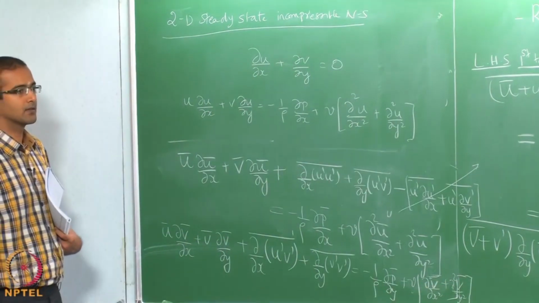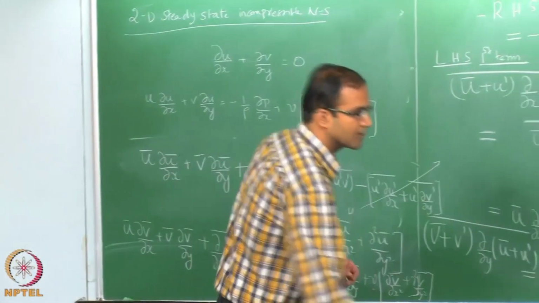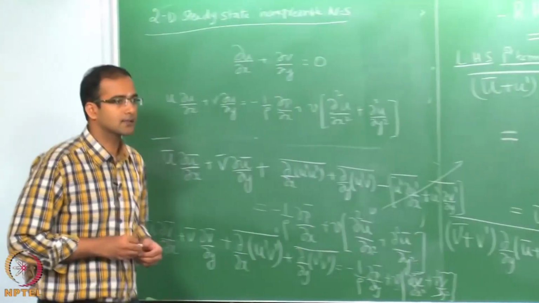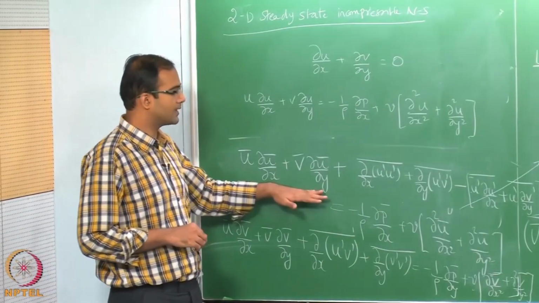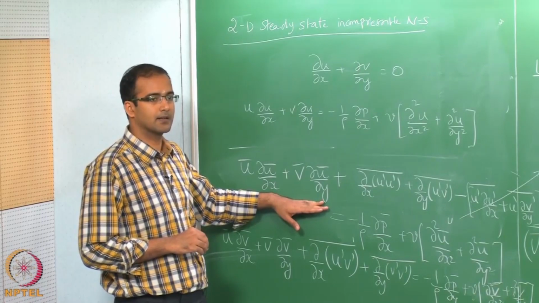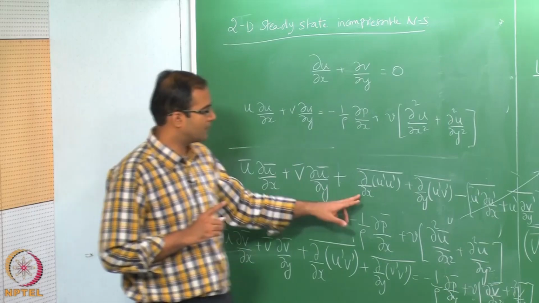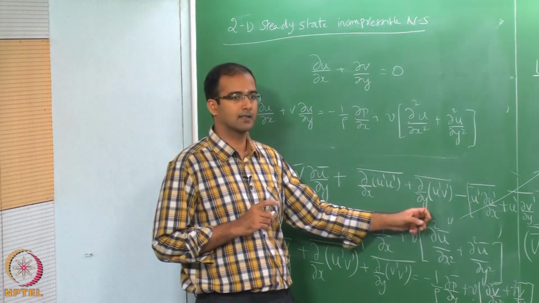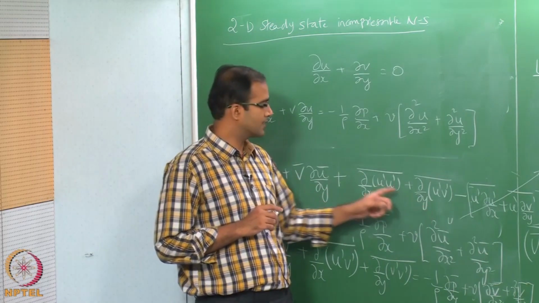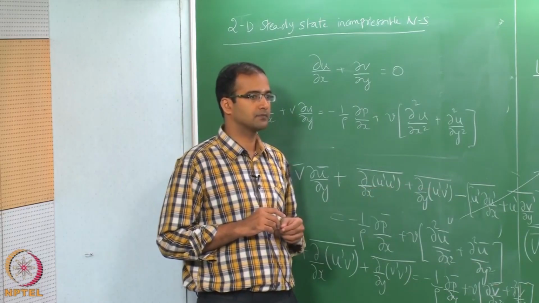Okay, so now we will stop here. In the turbulent RANS equations you have similar terms in the advection component as the instantaneous ones, but they are replaced by the mean quantities. Apart from that you have two additional terms on the left hand side, the u prime derivative and the u prime v prime derivative.